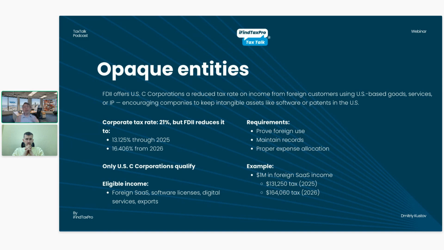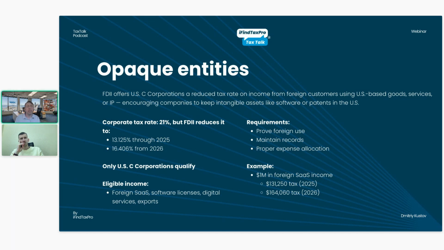There are some nuances, because if a US entity has a branch in a foreign country, and sometimes when the CEO lives in that foreign country, that's considered to be a branch, then any income attributable to that branch will not get this tax break.